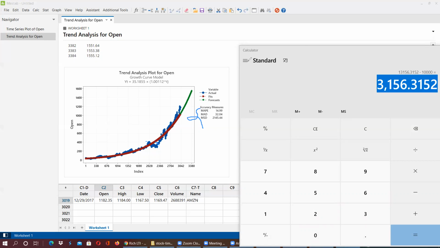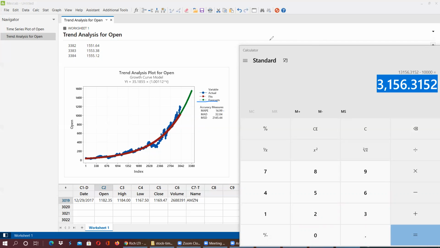We are going to learn more in further slides. Just look. MAPE is 14.99, MAD is 32, MSD is 2145.